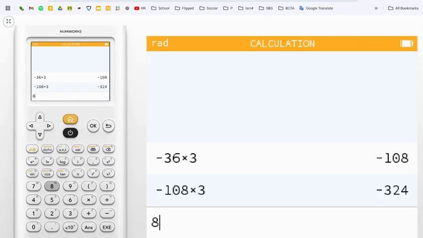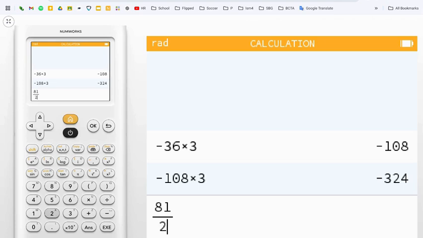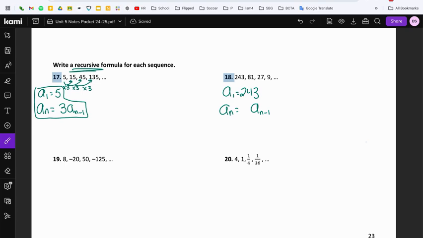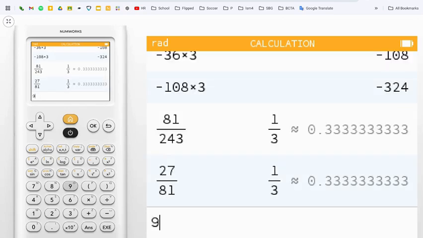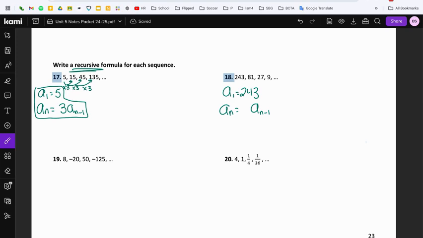I could take 81 and divide it by 243 and say, all right, is that a multiplication factor? All right, that's 1/3. Let me check. Let's make sure it's the same all the way around. Let's take 27 divided by 81. And let's take 9 divided by 27. Right? They're all the same the whole time, which tells me that common ratio, that rule is, hey, I'm going to multiply the term before by 1/3.